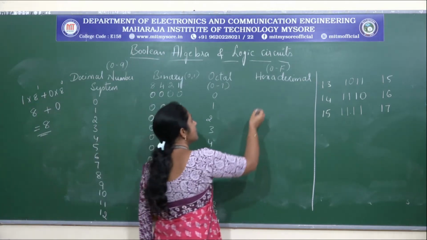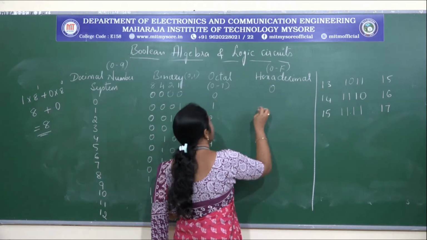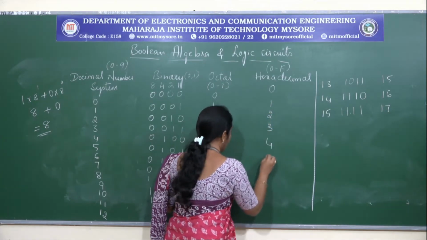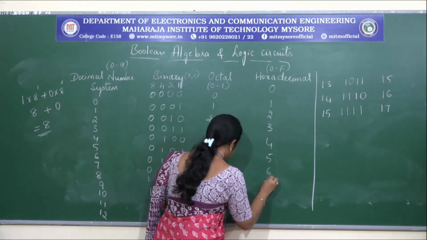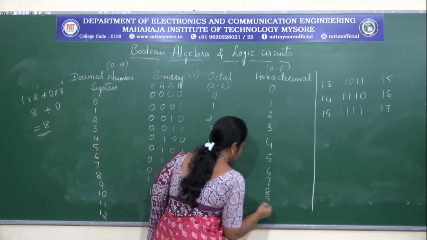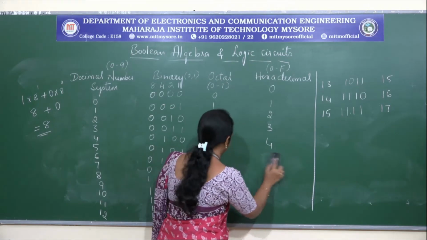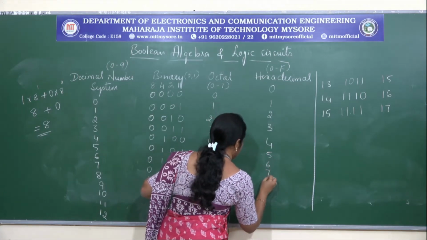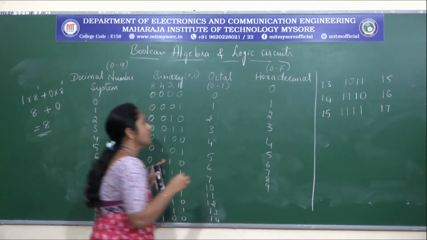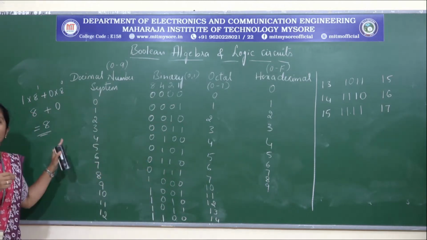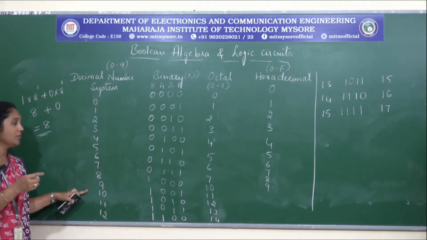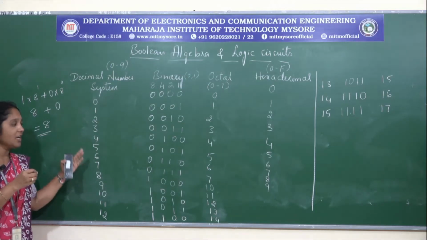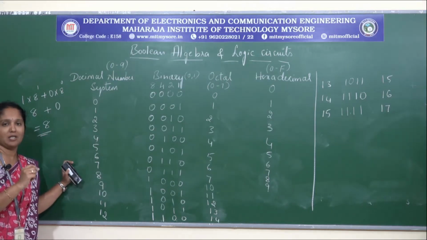So we have 16 digits, so we need not worry here. Up to 9 we have digits the same as in the decimal number system, but after that we have symbols for representing the number.